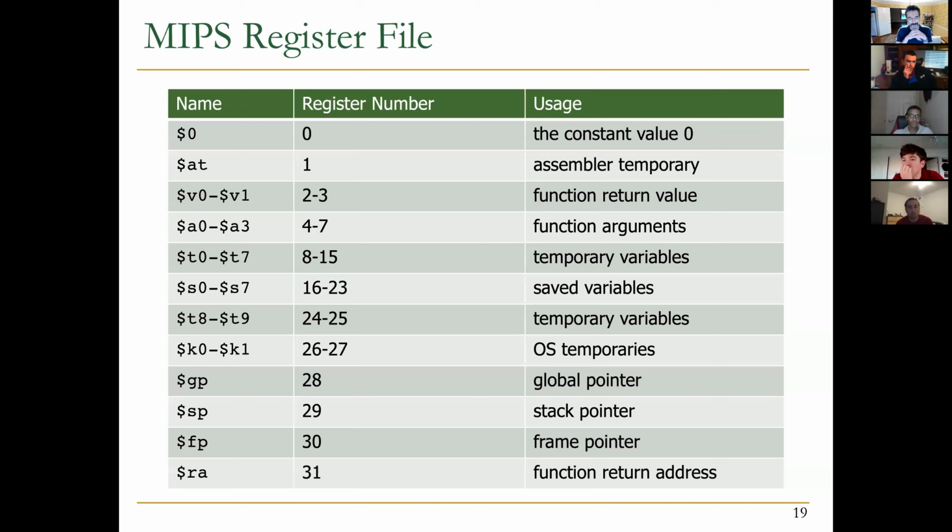Down in the table, you also have the function return address register. When you call a function and when you return, this is what tells you what address you need to go to. Then frame pointer, stack pointer, global pointer, and so on.